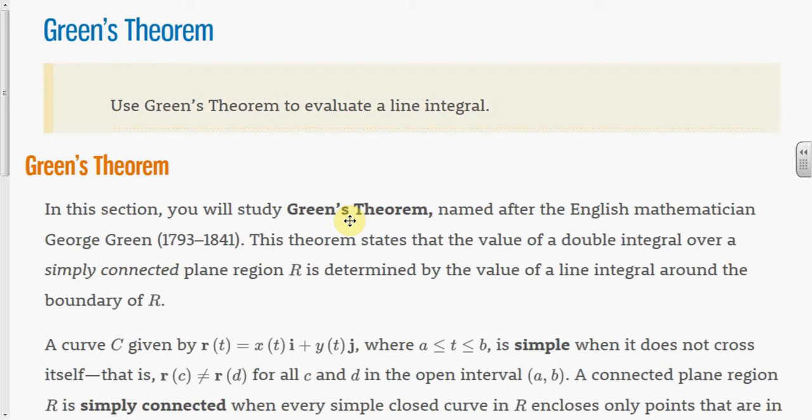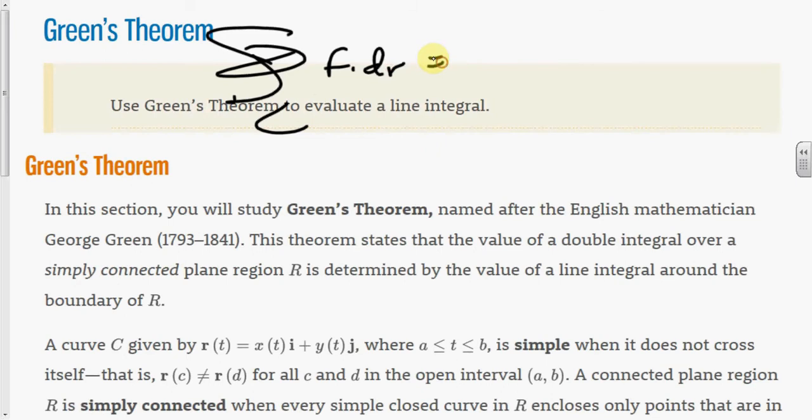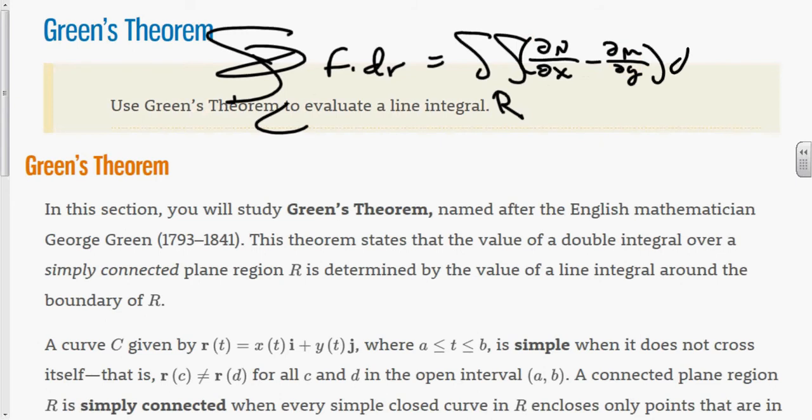And so he did have a criteria, and the criteria here is based on the region itself. Since you're converting, you're going from C to R, he's going from this curve to some double integral over R. Here, some partial derivative times dA.